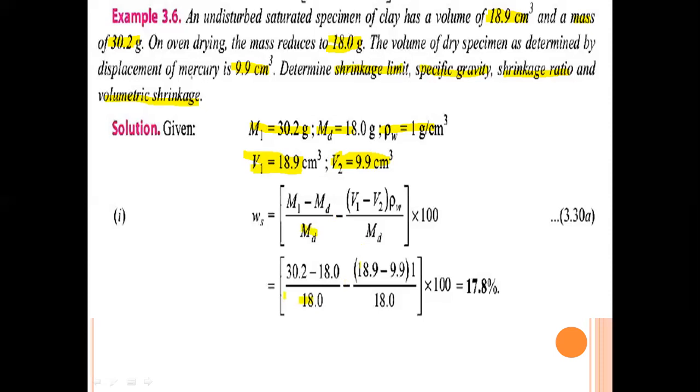Next, volume V1 18.9, volume V2 9.9, divided by 18, into unit weight of the water 1, into 100. That equals 17.8%. It is the shrinkage limit.